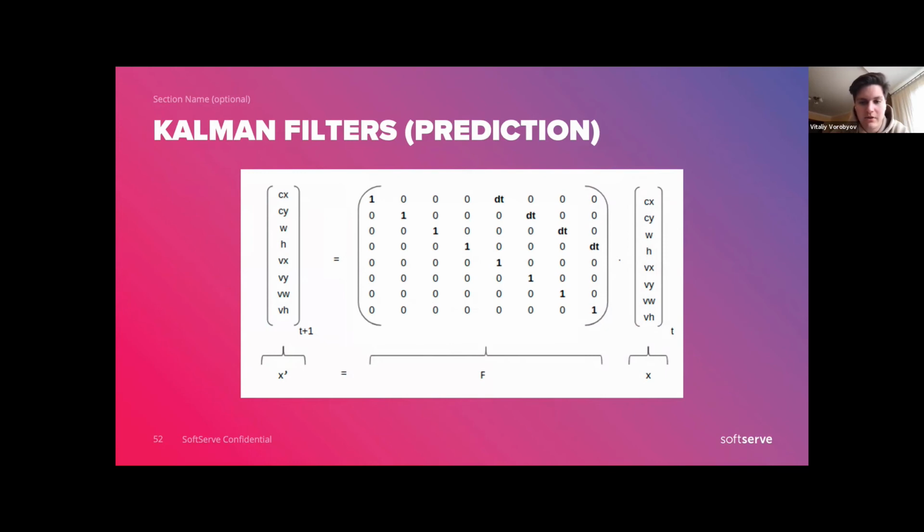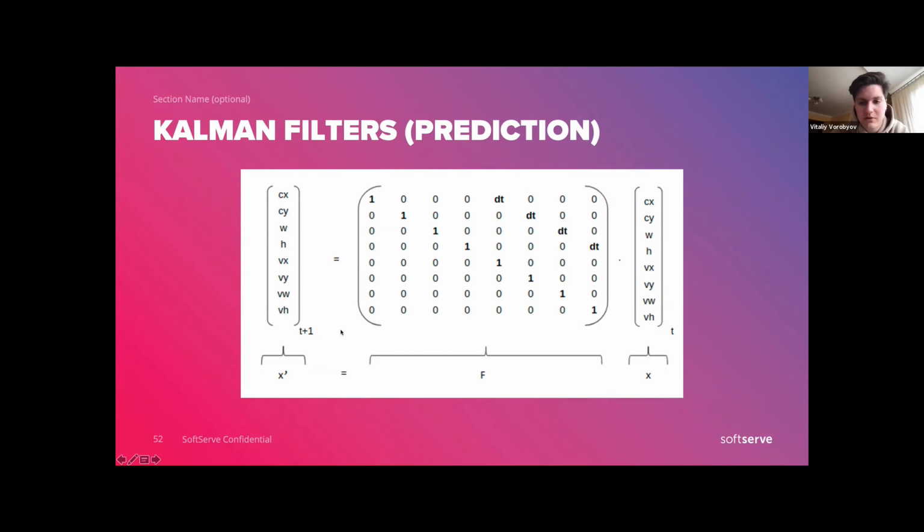We will end up having Cx prime equal to Cx plus delta t multiplied by Vx, just simple matrix multiplication, and so on for all our next steps.